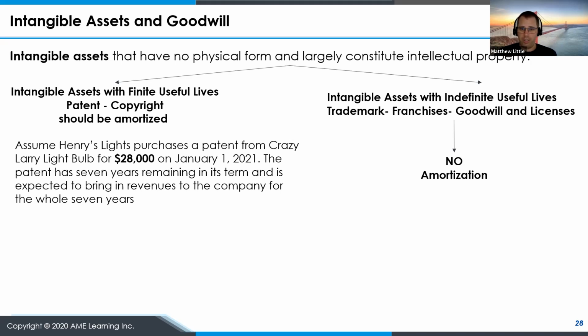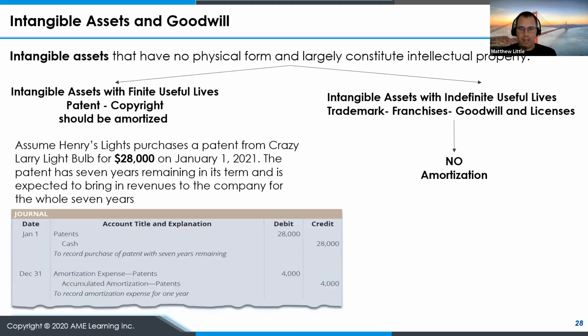Patents are typically issued for a number of years, and so you would use those number of years as its useful life. Then there's Goodwill. You purchased a company and you paid more than what it was worth, that's considered Goodwill, and we'll go through an example in a second. In that case, there's typically no amortization because the idea is it should always maintain that value. It doesn't always happen.